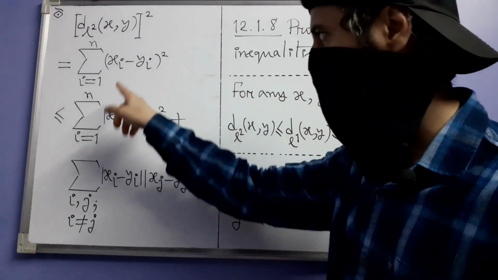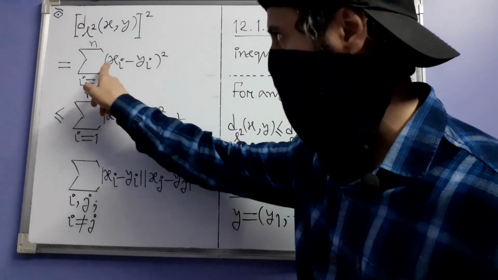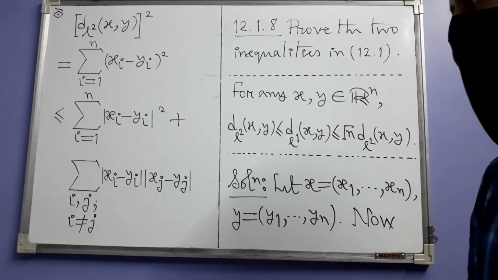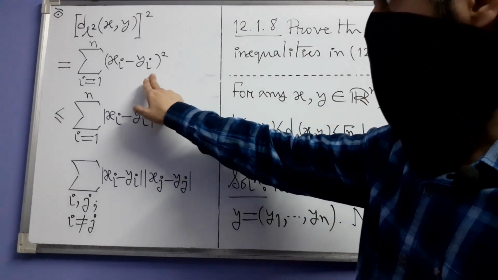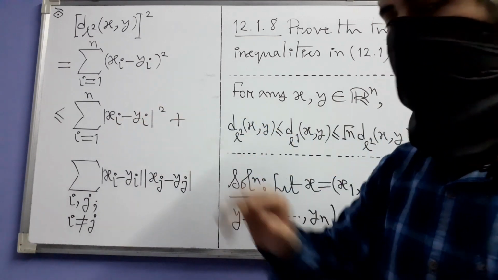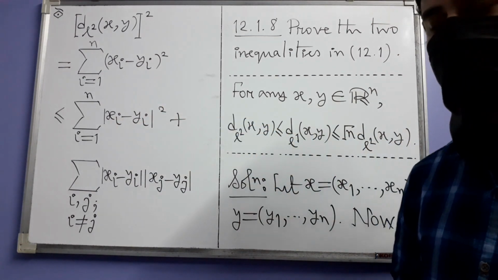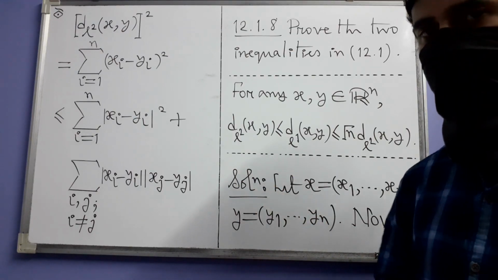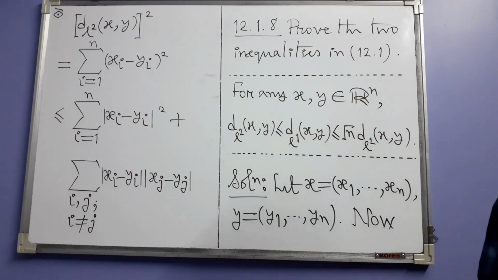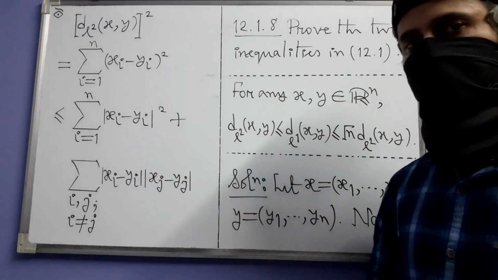So in general, this is greater than or equal to this. And you may notice one more small change. In place of the ordinary square, we are writing the square of the absolute value, which we can do because x square is equal to mod x square. This we already know about real numbers. Now, what is this going to give us?